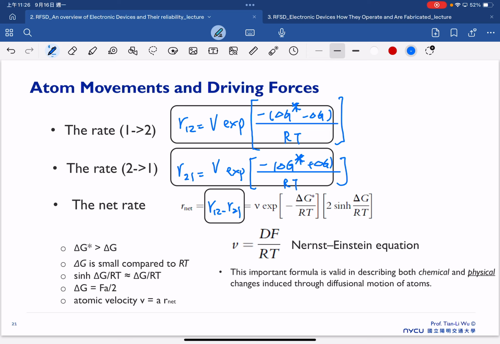And that's where the V here is equal to this one. That's what we call the Nernst-Einstein equation.